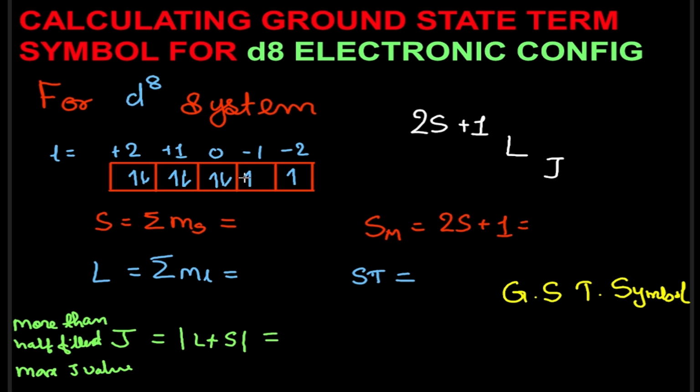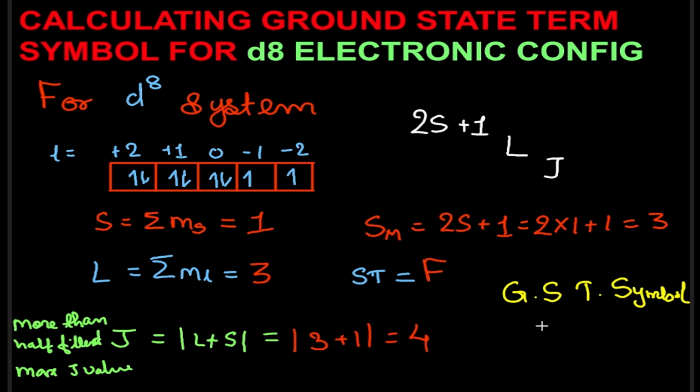Moving on to the d8 configuration. For the d8 configuration, there are 3 pairs of electrons in the d orbital, and 2 orbitals have 1 electron each, so the spin will be half plus half, which is 1, and the spin multiplicity is 2 times 1 plus 1, so 3. The value of capital L will again be 4 plus 2 is 6, 6 minus 3 is 3, and the spectroscopic term associated with L equal to 3 is capital F. Similarly, L plus S is 3 plus 1, and hence the value of J will be 4.